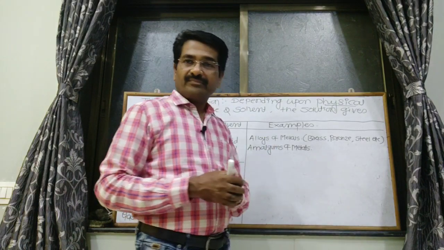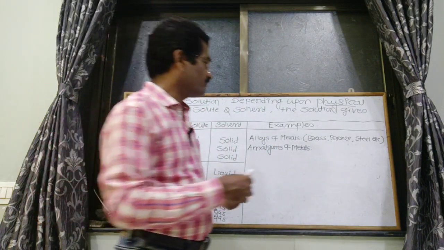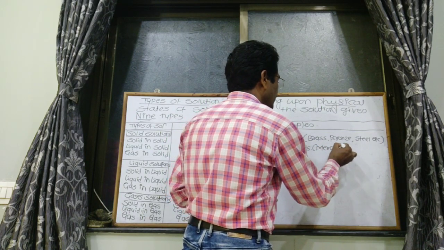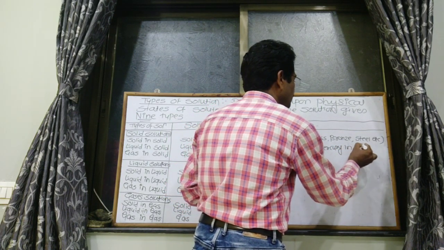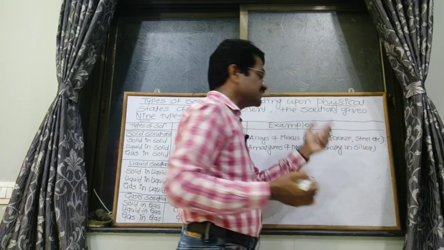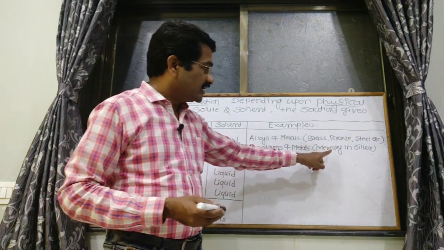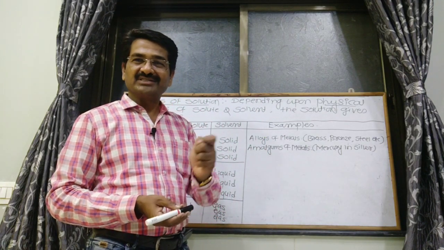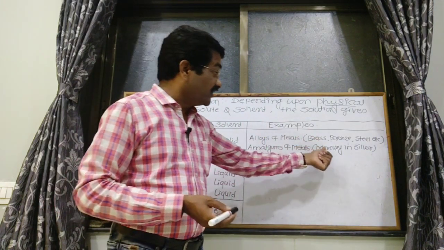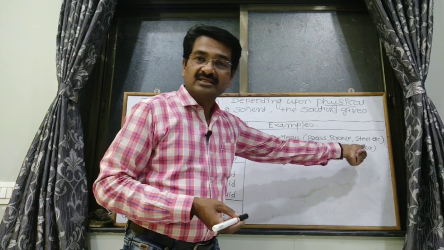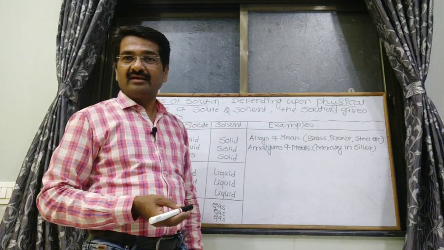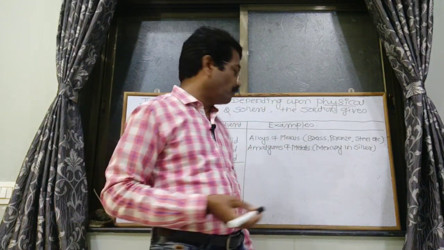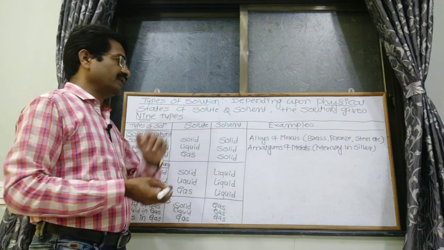For example, mercury in silver. Understand this example. You know that mercury is a liquid metal. That liquid metal can dissolve in a solid. Silver is the solid solvent. So all amalgams of metals are examples of liquid in solid.